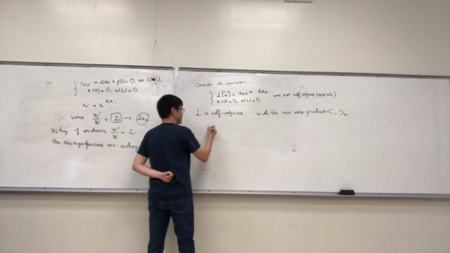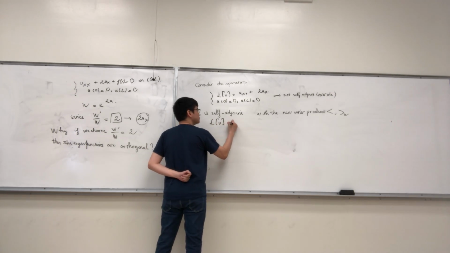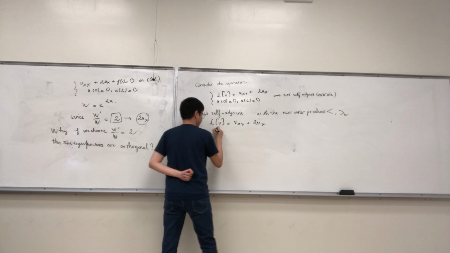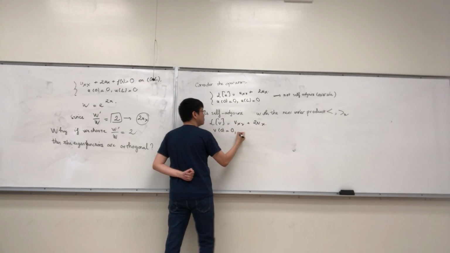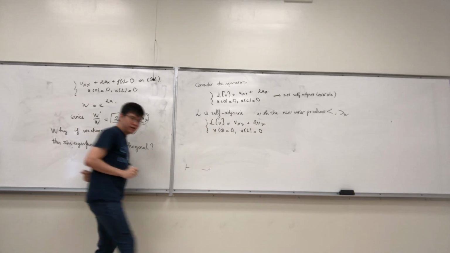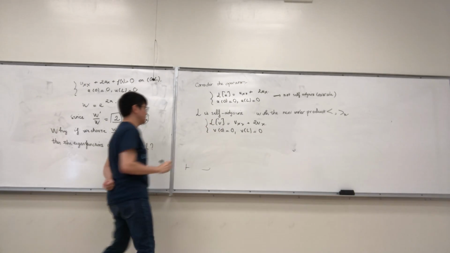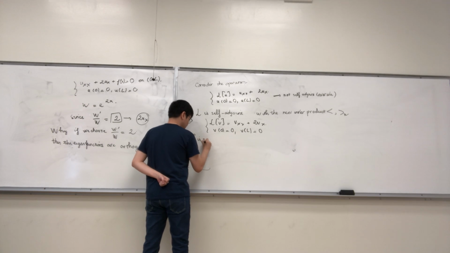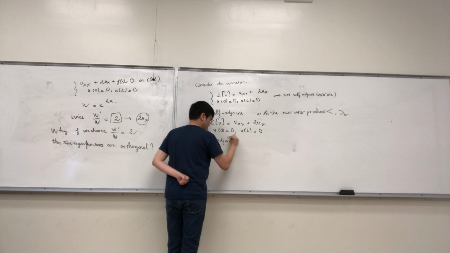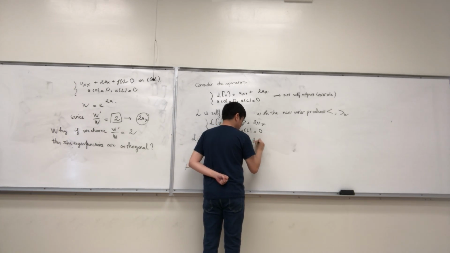So now I consider Lv to be v_xx + 2v_x, and I have v(0) = 0 and v(L) = 0, right? So we say that L is self-adjoint with the new inner product.